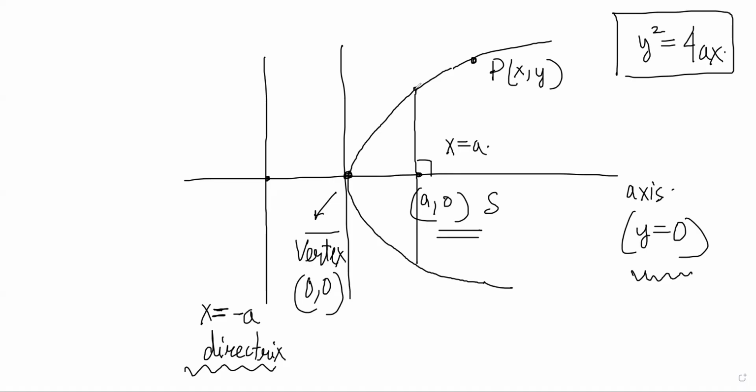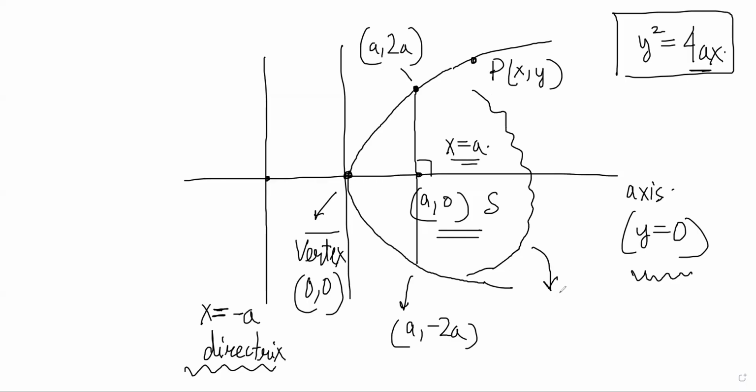If you put x is equal to a in this, you will get y square is equal to 4a square. So this point will be (a, 2a) and the corresponding point here would be (a, minus 2a). So the length of the latus rectum is equal to 4a, right? These are some basic properties that we can figure out for the standard parabola.